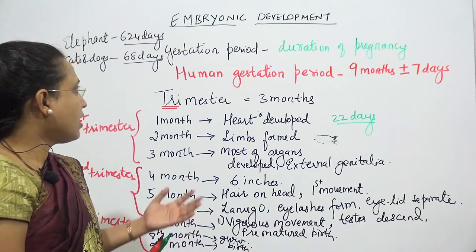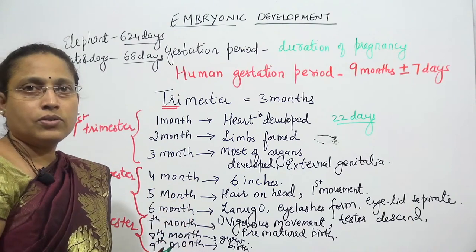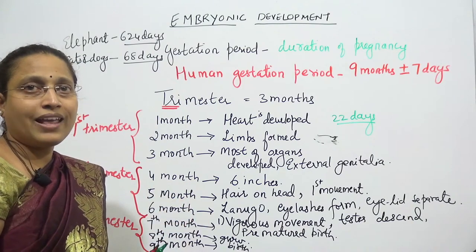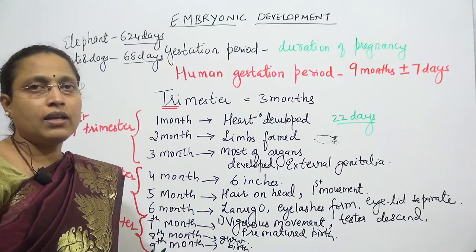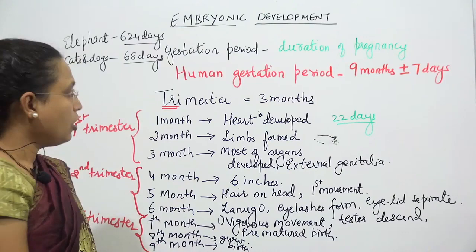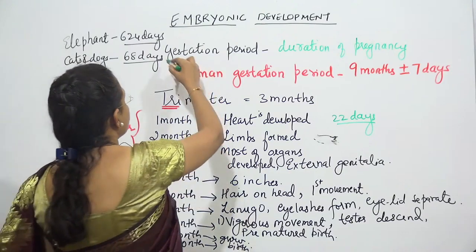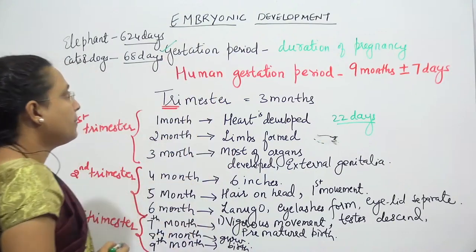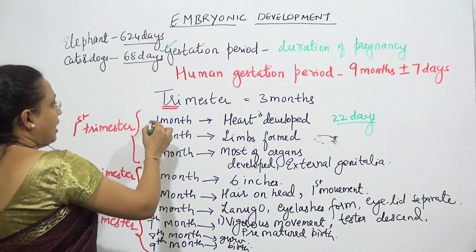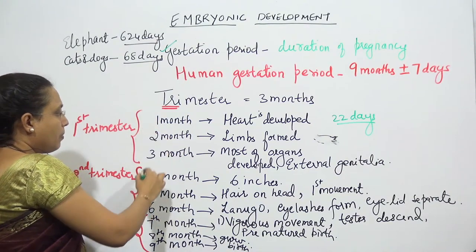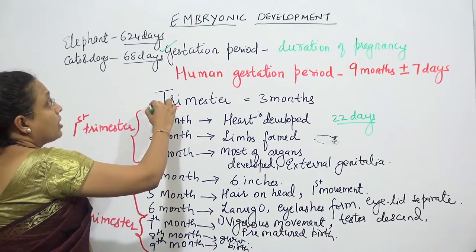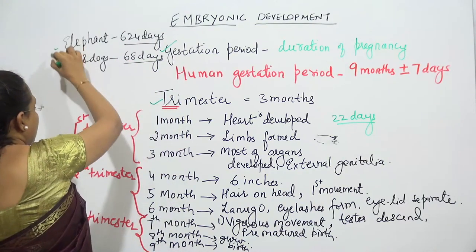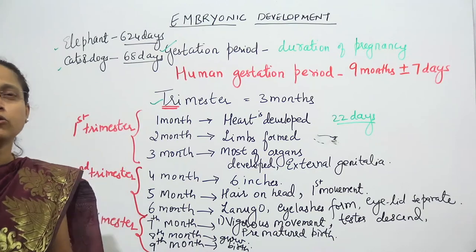So, these are some of the terms and events that occur during various months of the gestation period. You should know what the gestation period is, what the major events are in different months, what a trimester is, and these general points also.